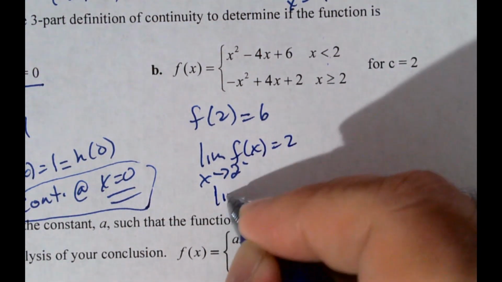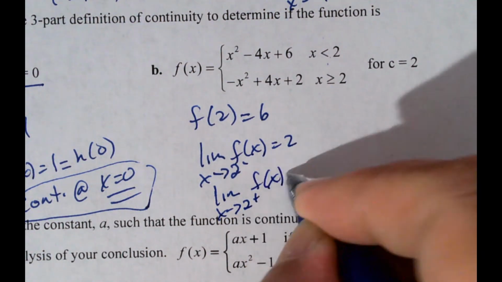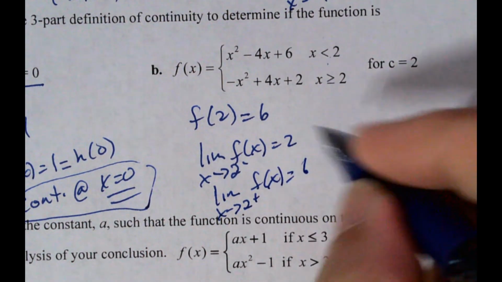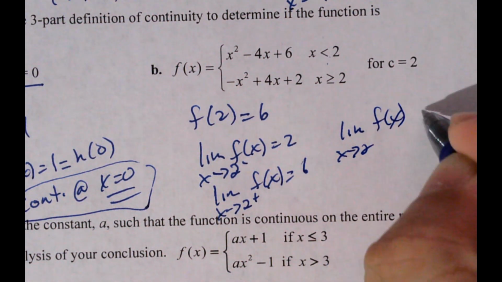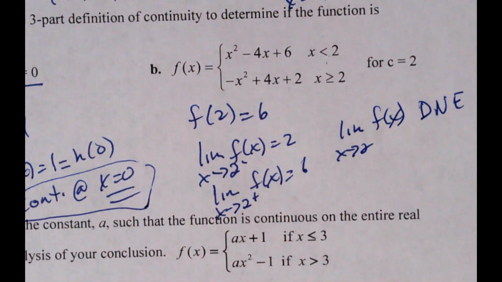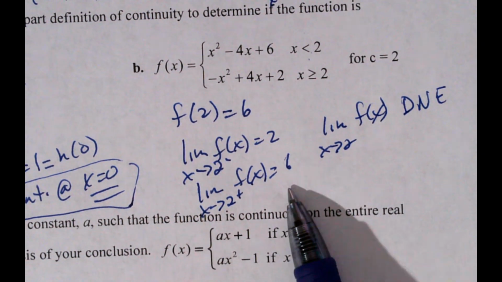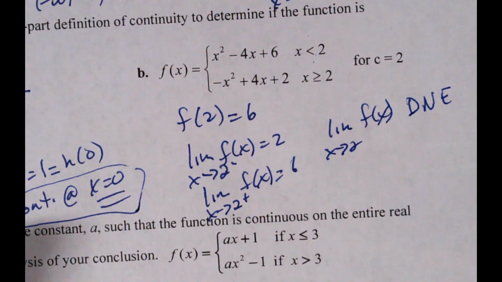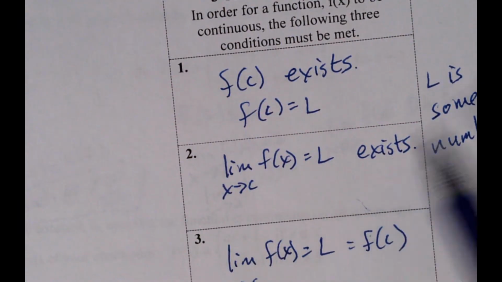And the other-hand limit, we should probably know because we plugged it into the bottom one already. It was 6. So the limit as x approaches 2 of f of x does not exist, right? Remember, for a two-sided limit, you check the left-hand side and the right-hand side. If they're not the same, the limit does not exist. Now, it's already violated rule 2. It does not exist. You don't have to check the third one.